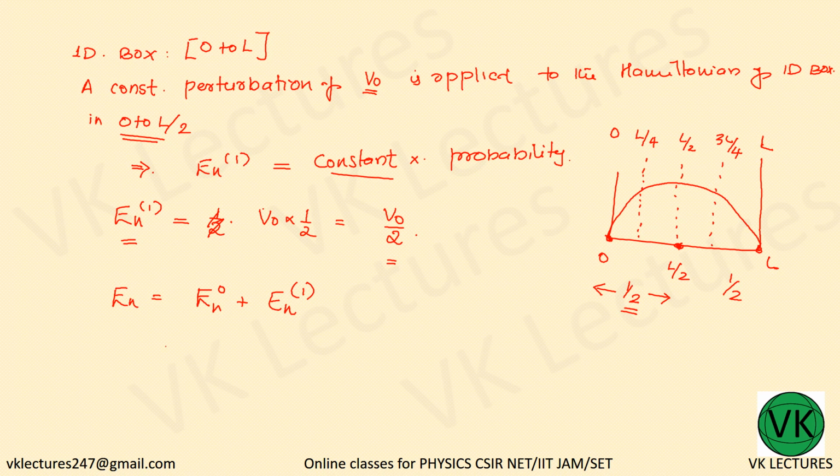En naught is n square pi square h cross square by 2m L square, plus En of 1, that is V naught by 2. So V naught by 2 is the first order correction, and the other is the zeroth order correction, or the unperturbed energy.